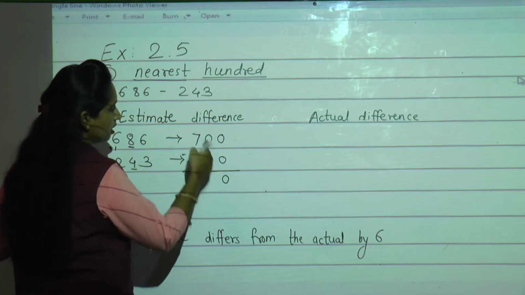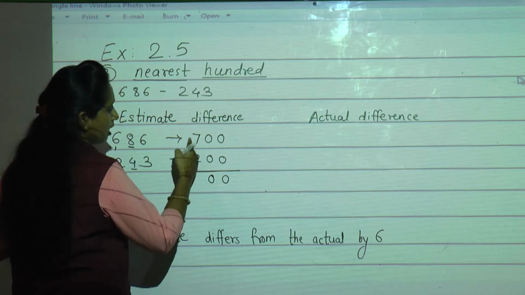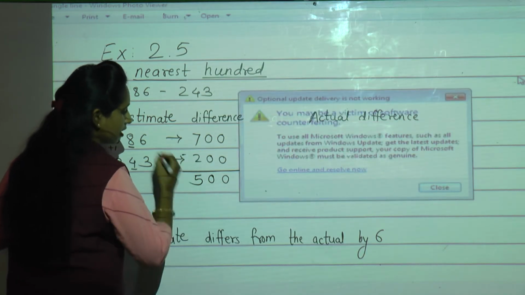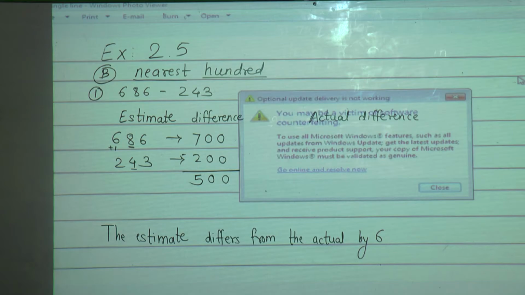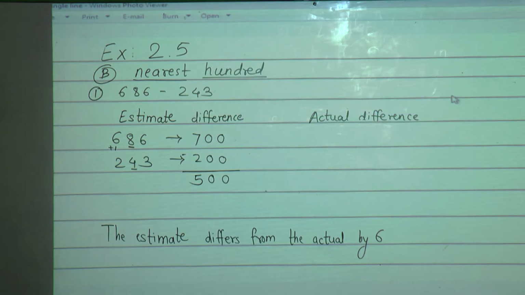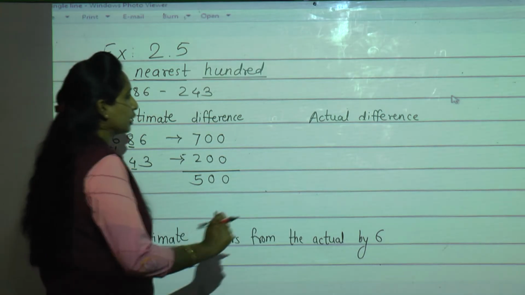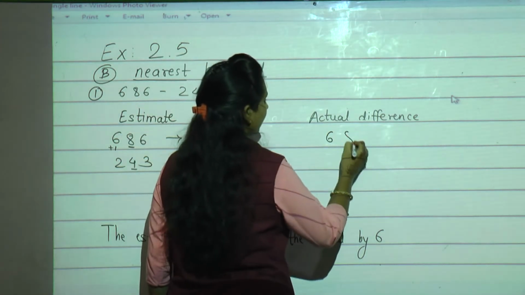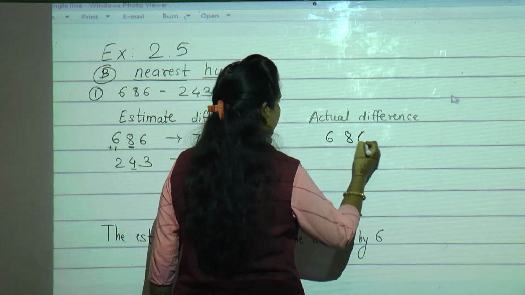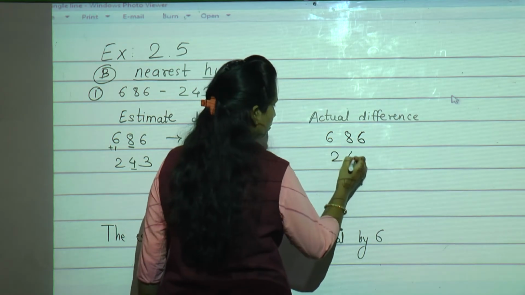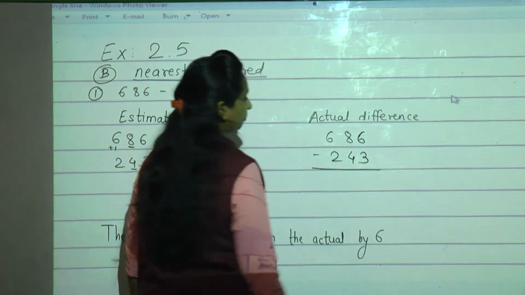0 minus 0, 0. 0 minus 0, 0. 7 minus 2 is 5. So what is the estimate difference? It is 500. Now we will find out the actual difference with the actual numbers. 686 minus 243.